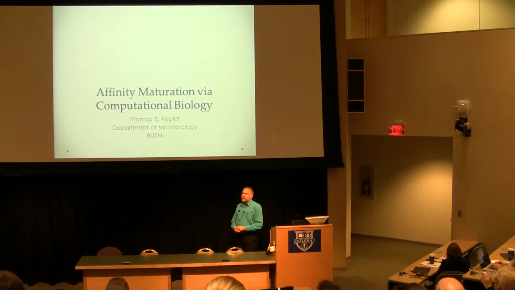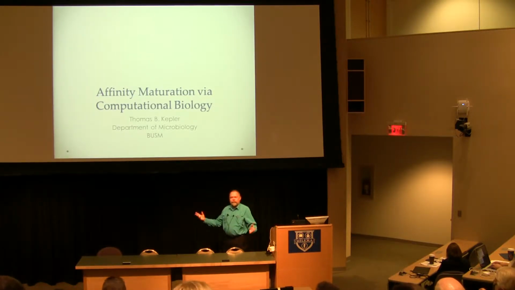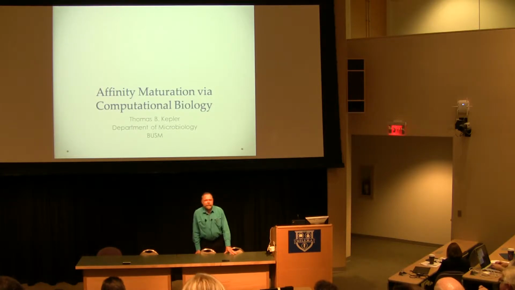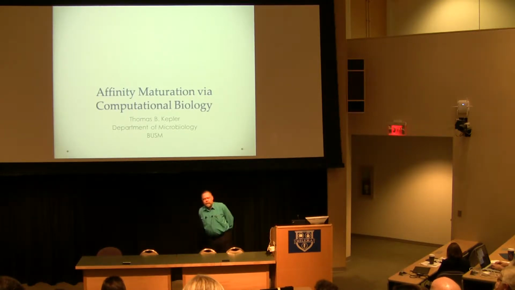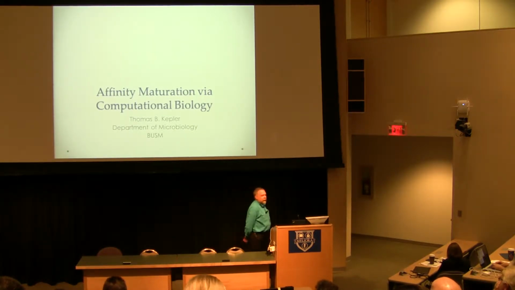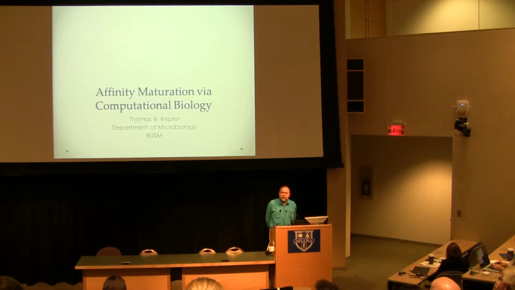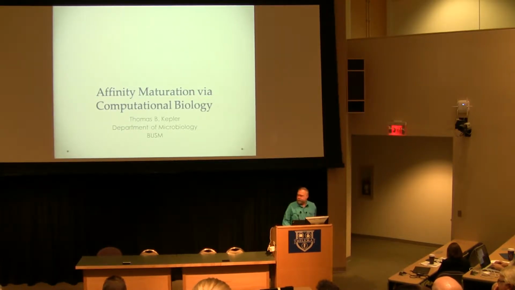And I thought, how could I have lived for 23 years without knowing about this? It was just amazing. And so my very first paper or two in computational immunology was about affinity maturation, and I finally come back to it again after 20 years or so. And here's the man who introduced me to it.